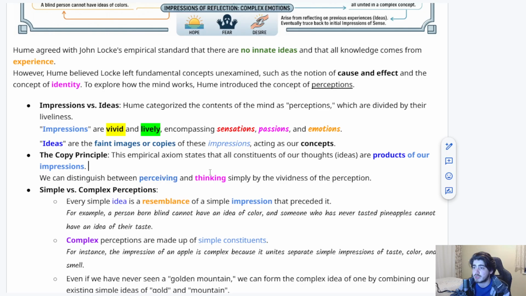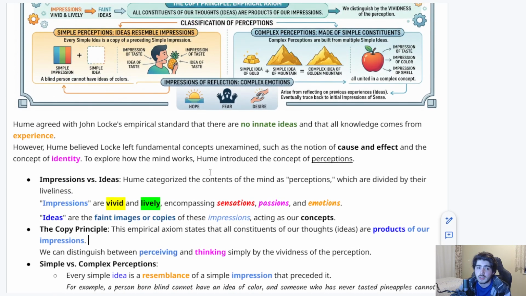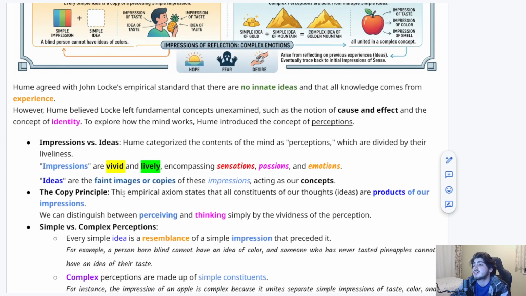For example, we saw someone and that formed an impression event. Whereas when we think about it, we think about the idea of that guy. This empirical axiom states that all constituents, all members of our thoughts, are products of our impressions.